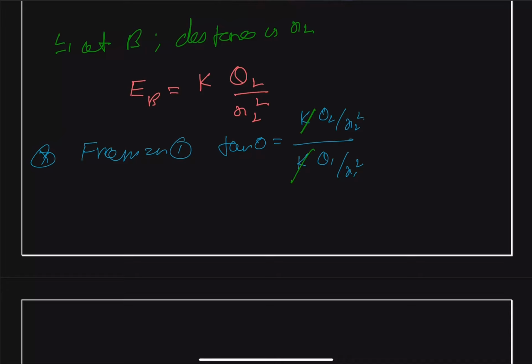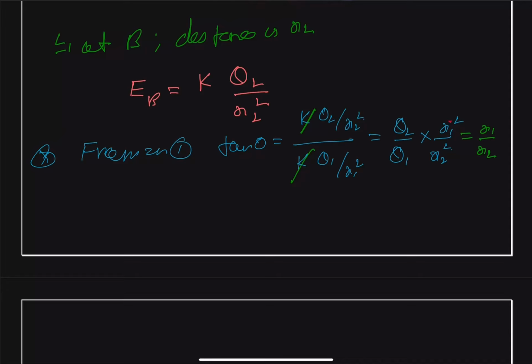This comes as Q2 upon Q1 multiplied by x1 square upon x2 square. And the tangent of theta is also equal to our x1 upon x2. So from here the squares cancel with x1 and x2.